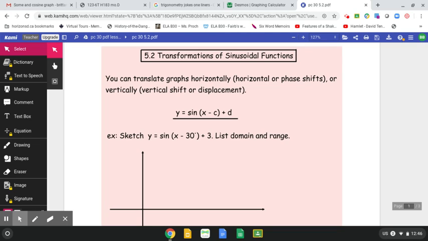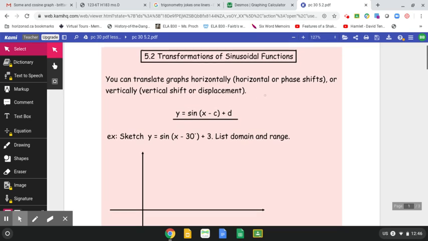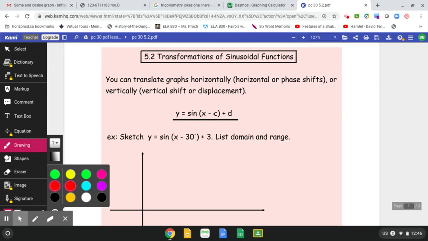So 5.2 looks at transformations of sinusoidal functions. In the previous section, we had looked at our A's and B's. Just as a refresher, we had y equals a sine x, or cos x, and then we also had y equals sine bx, and cos bx.